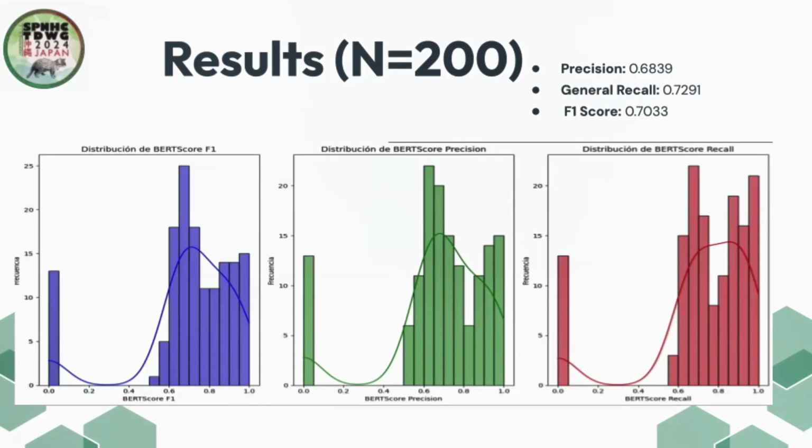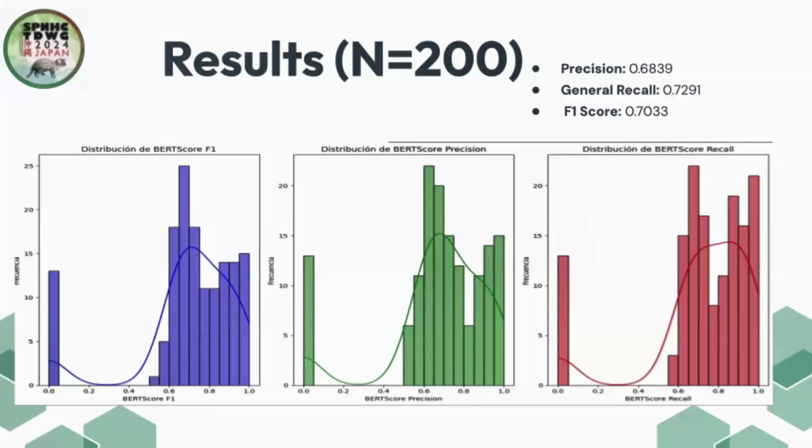The overall scores are precision at 0.68, recall at 0.73, and F1 score at 0.71. The scores reflect good performance, particularly in recall.